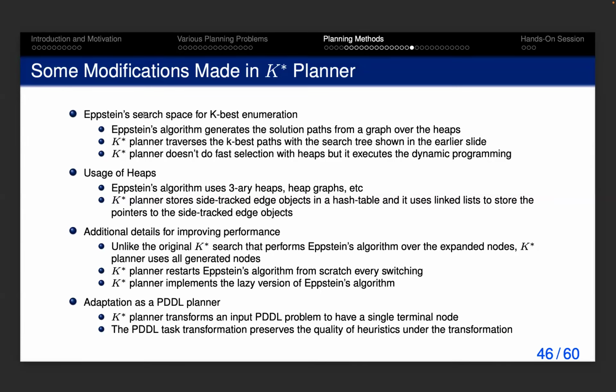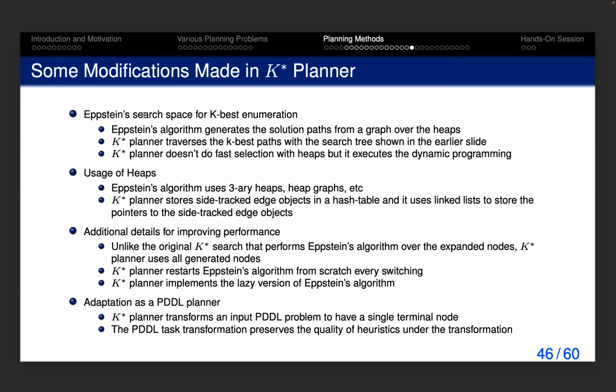But that comes with a cost, because it's always good to work with generated nodes if you can when you search. The K-star planner actually does that, and therefore it restarts Eppstein's algorithm after switching back from A-star to Eppstein. Again, we are only looking at a small number of plans in applications, so this doesn't really give you any overhead.